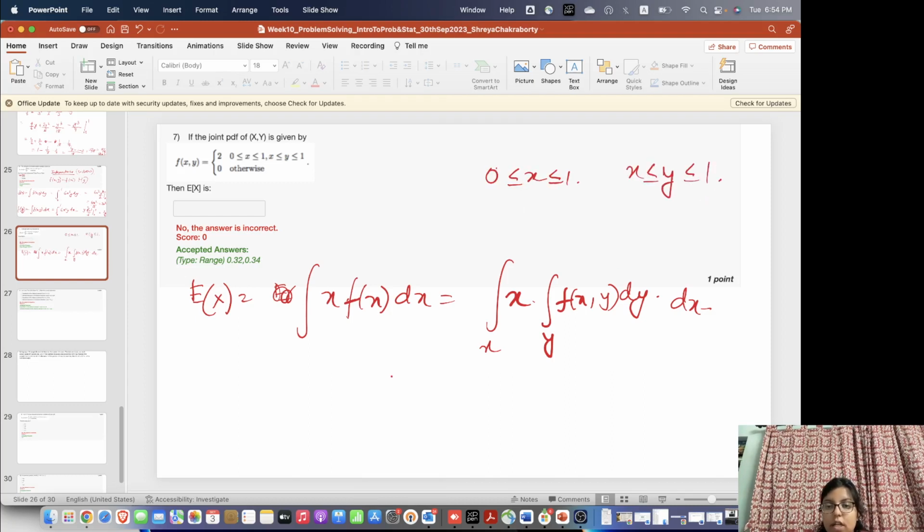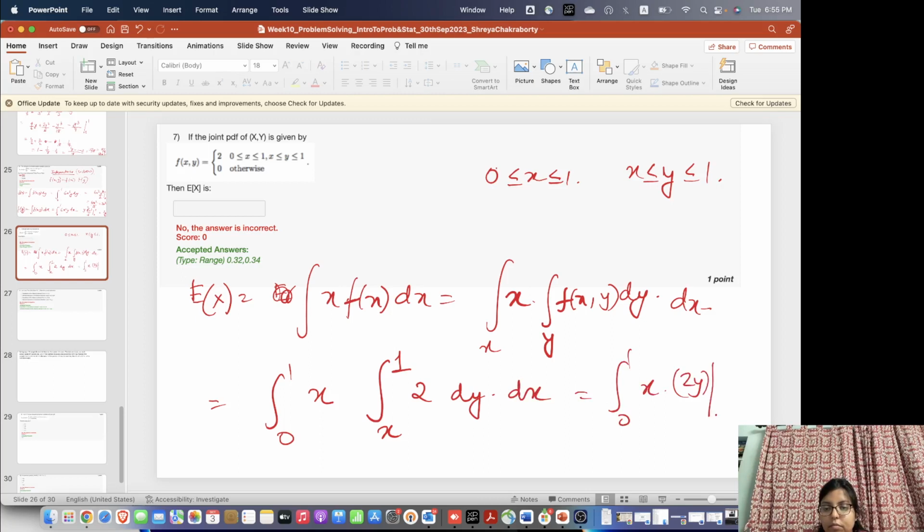So first we'll put the ranges of y. y can range from x to 1, fxy will be 2 dy, and x can range from 0 to 1 dx. So this would be 0 to 1, x times 2y, from x to 1, dx.